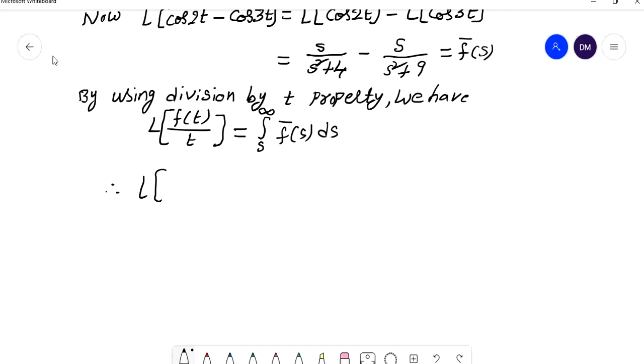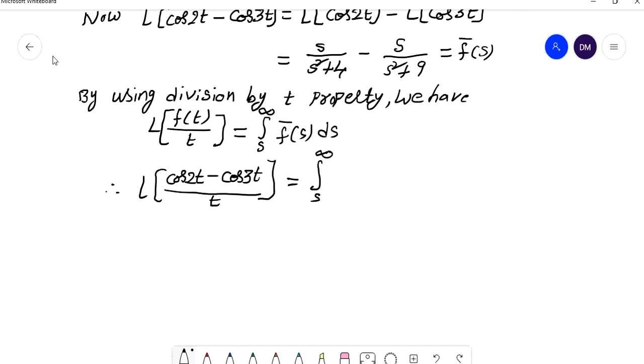So here what is f of t? f of t is cos 2t minus cos 3t by t, which is equal to the integral from s to infinity.